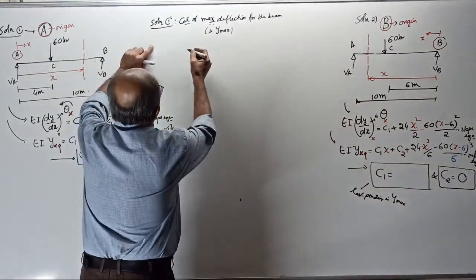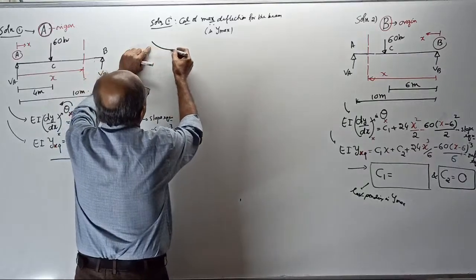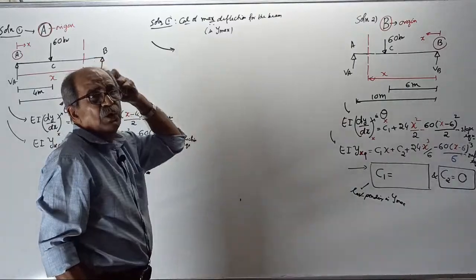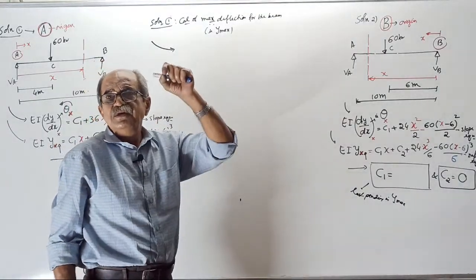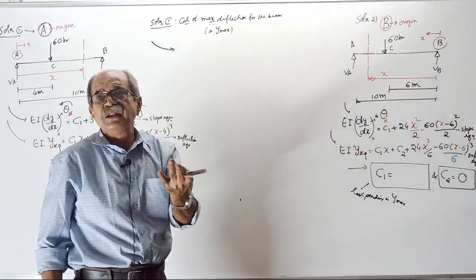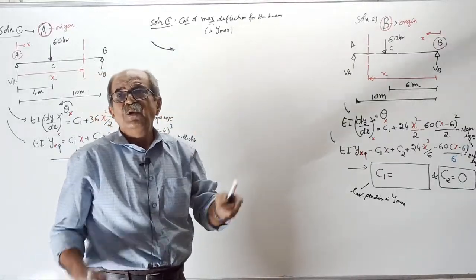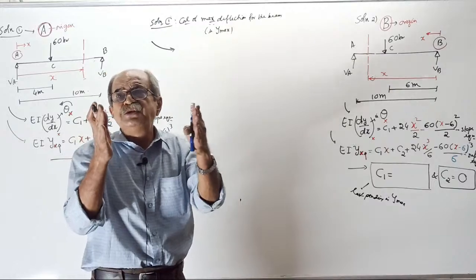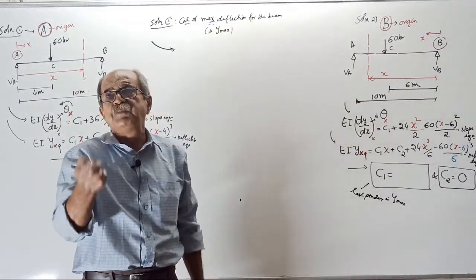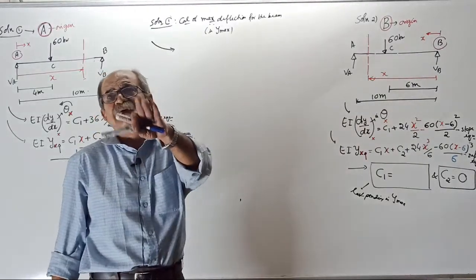You first write the explanation. First step is to decide where Y maximum is. We will try to decide where Y max will take place. Of course, the point is unknown, but at least the range, between which two standard points. Then, between those two standard points, we calculate X.